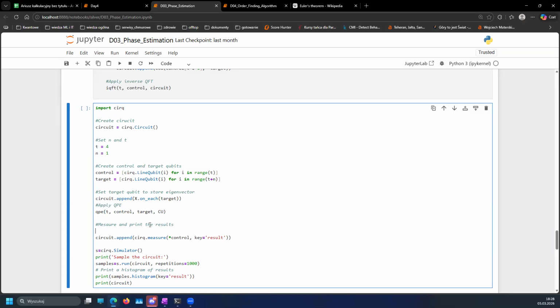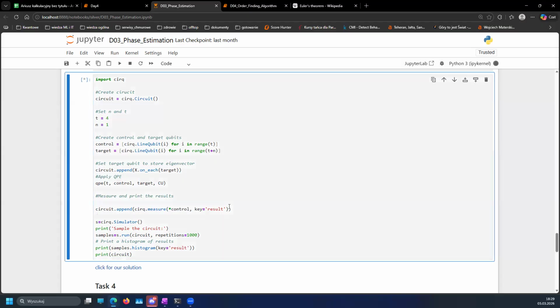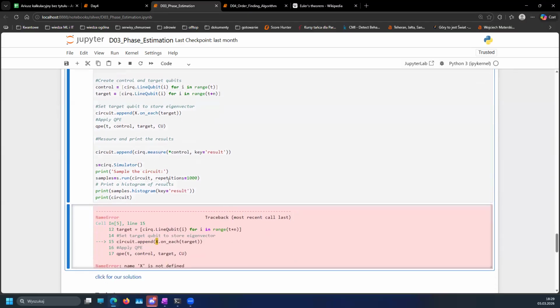Then we are told to measure it, and I believe it's already written here. So we append the measure function where we want to measure the control register. We want the result.